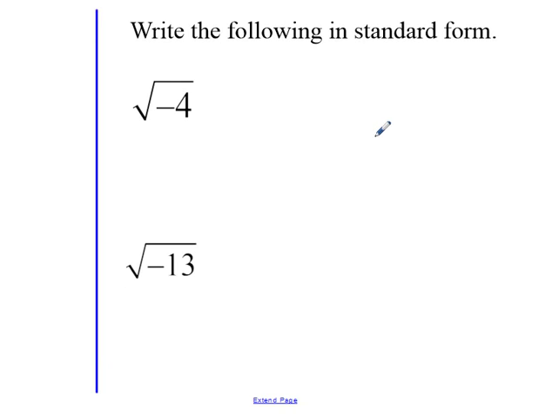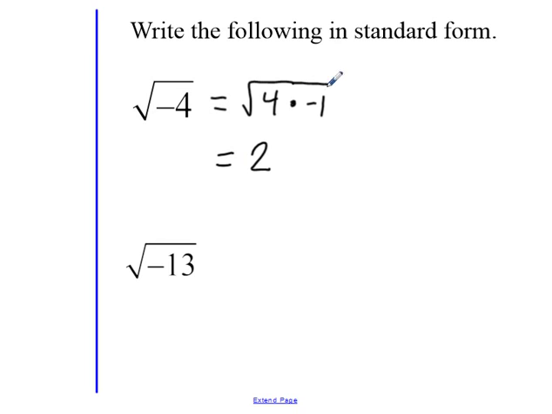Let's get used to working with i. Let's think about the square root of negative 4. Where does the negative 4 come from? Well, the negative 4 comes from the square root of 4 times negative 1. Now, if we had a 4 being square rooted, we would end up with a 2.